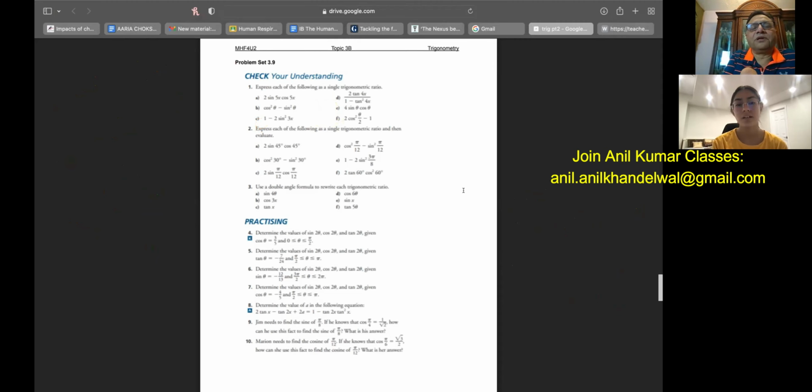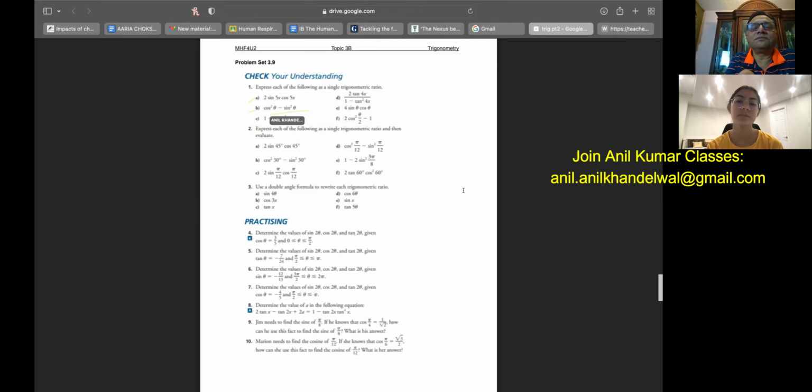These questions are very simple, right? 2 sine A cos B, right? 2 sine A cos A is sine 2 theta. You remember sine A plus B plus sine A minus B, right? So 2 sine A cos A is sine 2 theta. So 2 times 5 is 10, right? So sine 10x, correct? So these are straight formula questions.